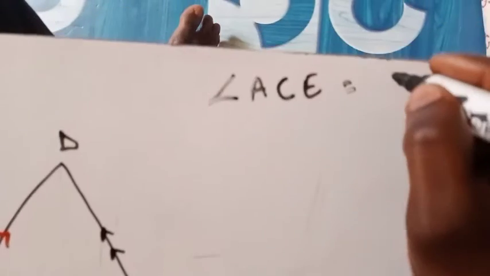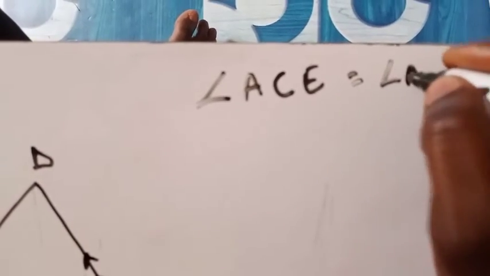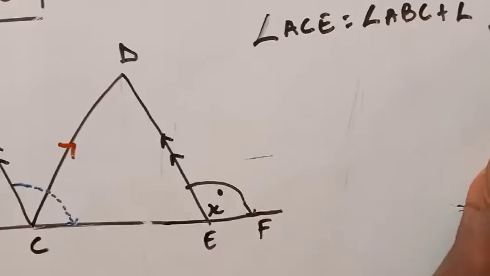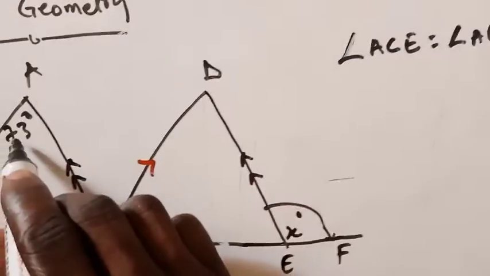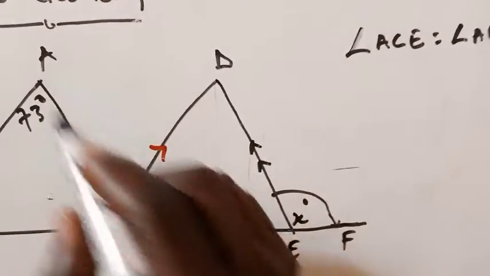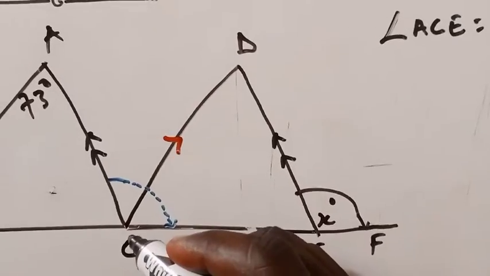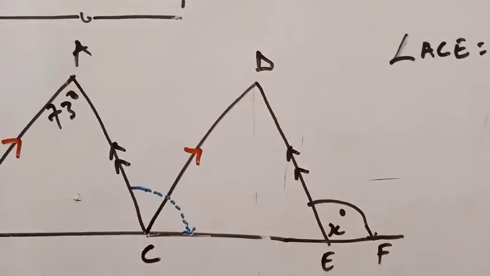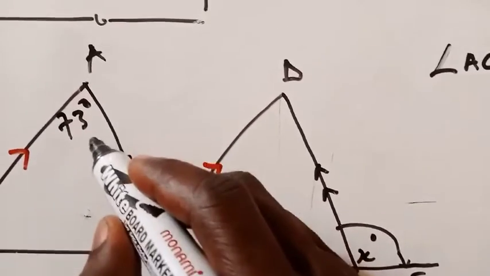So angle ABC, plus this angle here. Someone can choose B, A, C, or another person can go for C, A, B. The most important thing is where the angle is from, that's the middle letter.